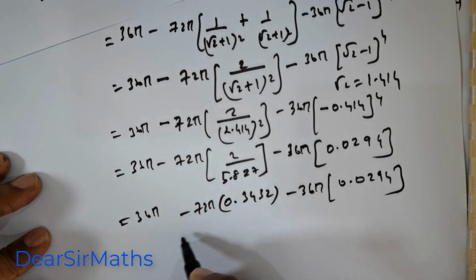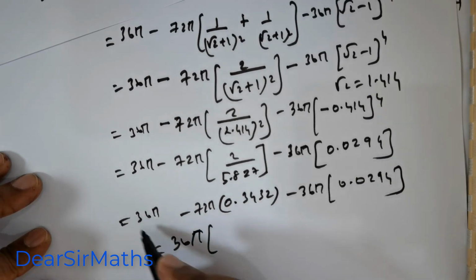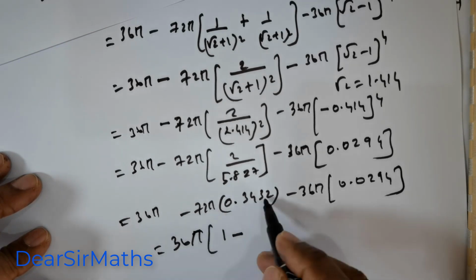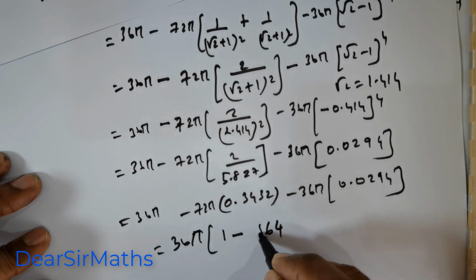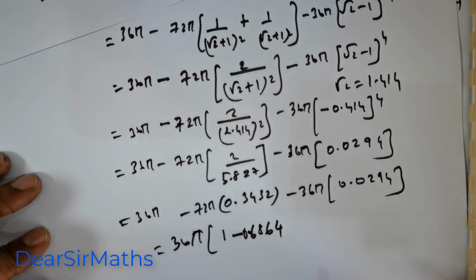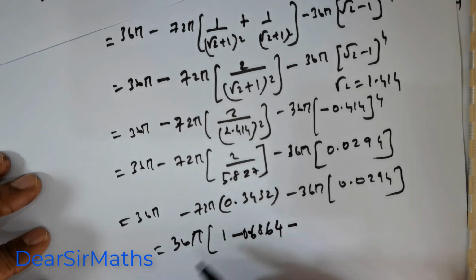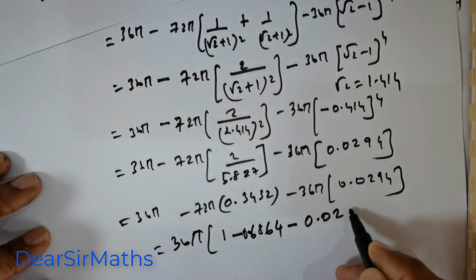Now what I wish to do, I would like to take 36 pi out. If I do this, I get 1 negative, there's going to be 2 there, so 2 multiplied by this quantity is going to be 0.6864, and you got the pi already taken out, so 36 pi is already taken out, so it's going to be negative of 0.0294.